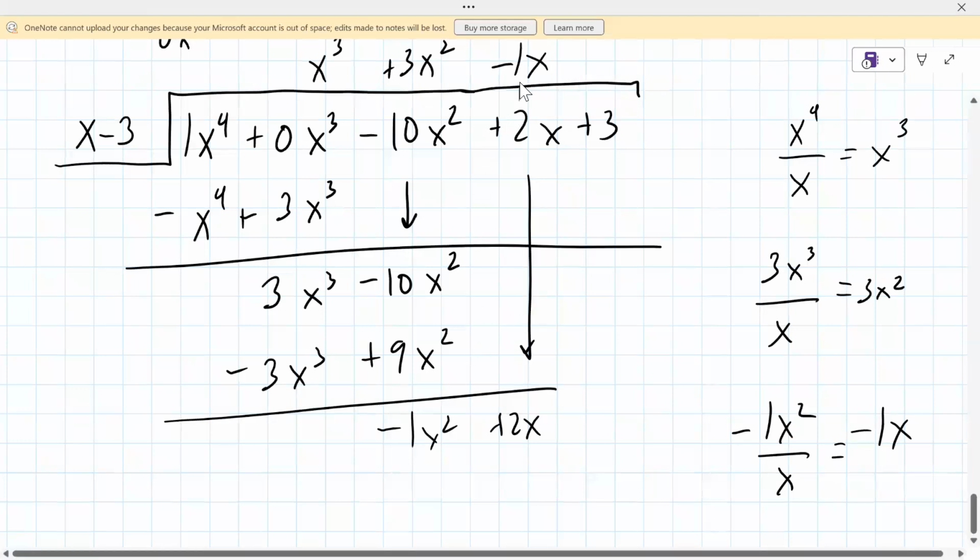So could you try multiplying minus 1x by x and minus 3 and seeing what you come up with?